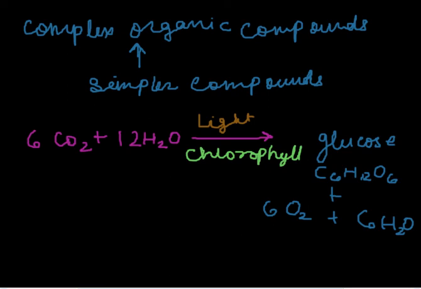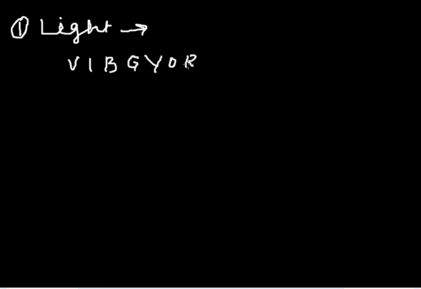Okay, the first component, as you saw, is light. Plants use the visible light in photosynthesis, and the visible spectrum of light consists of 7 different colors, called VIBGYOR in short, meaning violet, indigo, blue, green, yellow, orange and red.